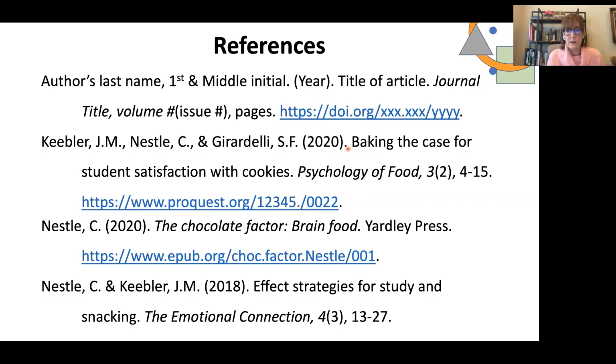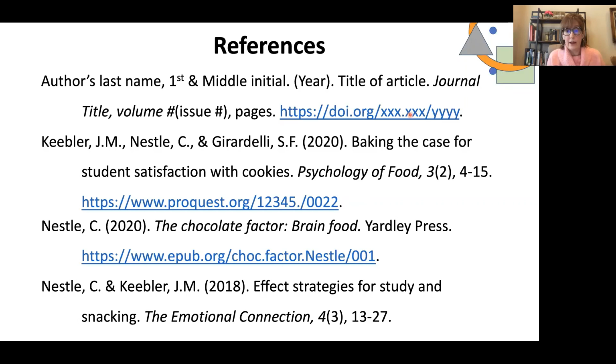Going back to this one, here's the title of the article. Here's the journal title, which is in italics. This is the volume number and the issue number. You'll notice this is in italics and this is not. So volume number, issue number, and then the pages.